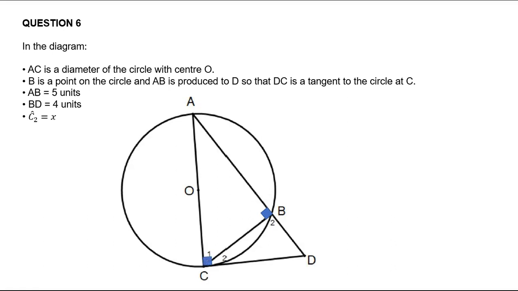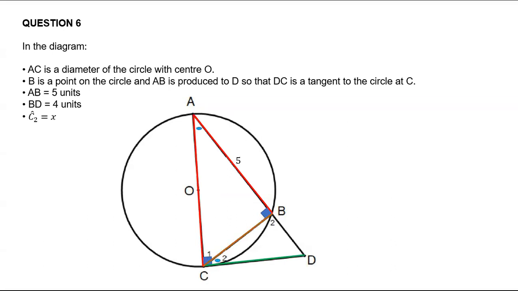At the same time, they're telling you that the angle between the tangent and the chord will be equal to the angle that is subtended by the same chord that created the angle between the tangent and the chord. So when you look at this chord here, it subtends an angle at the opposite circumference.